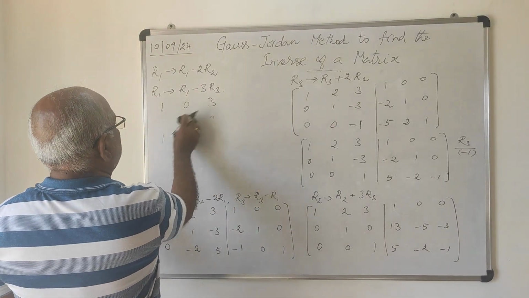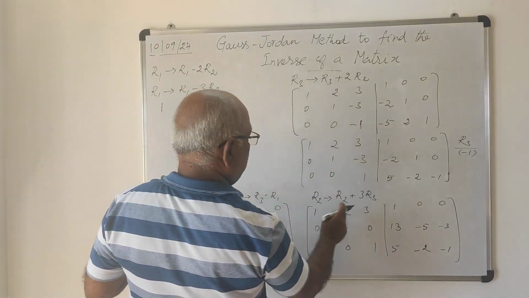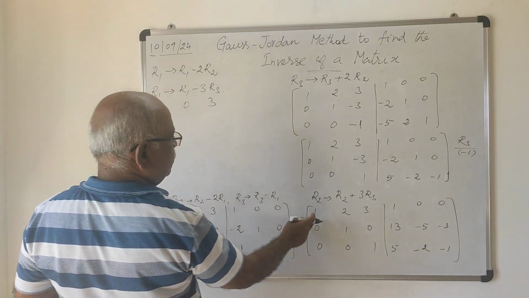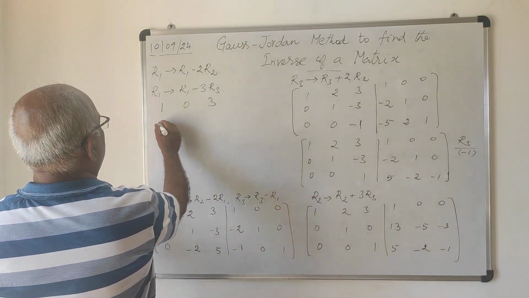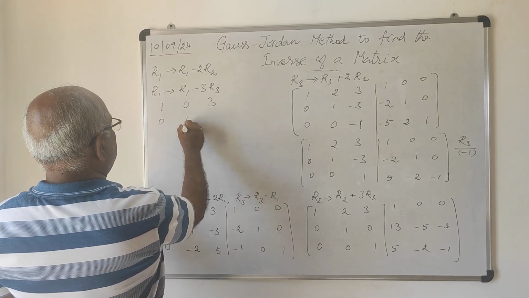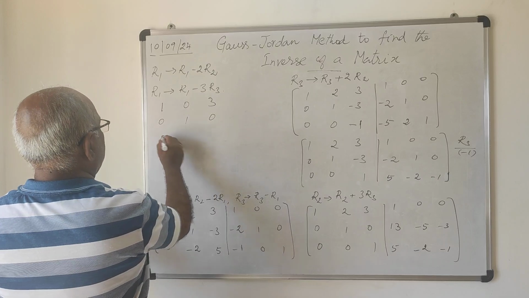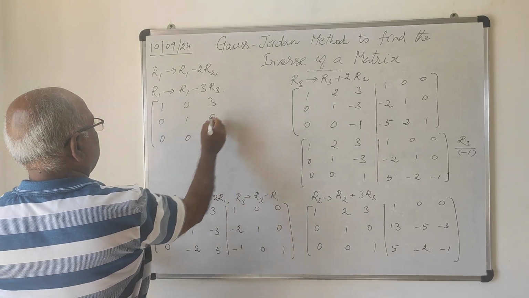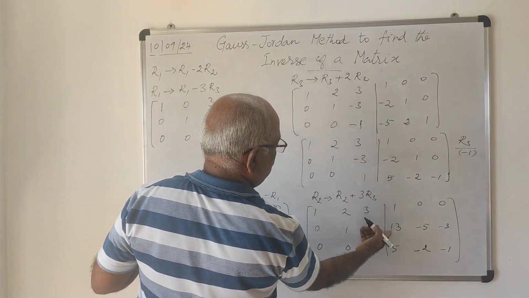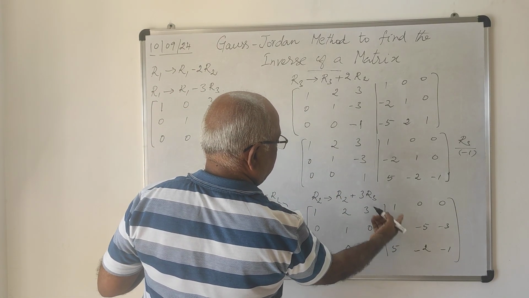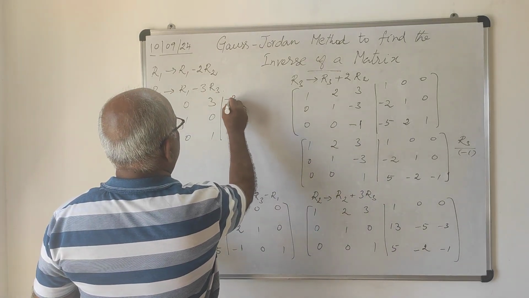Sorry, one minute. We will see. First step, R1 minus 2 R2: 1, 0, 1, 2, 3 becomes 1, 0, 3. Second row 0, 1, 0 as it is. 0, 0, 1. In this operation, R1 minus 2 R2, 2 times 13 is 26, minus 26, 1 is minus 25.